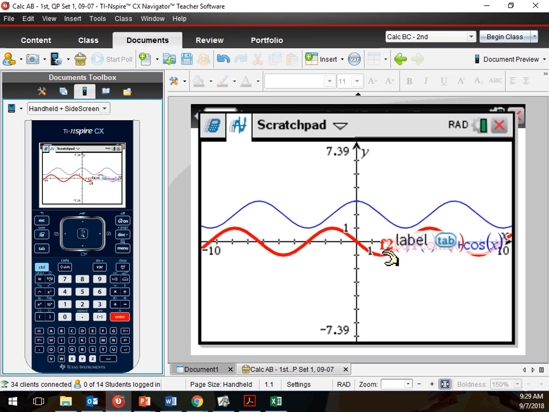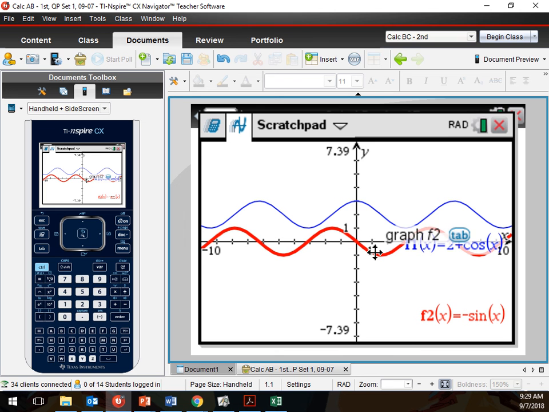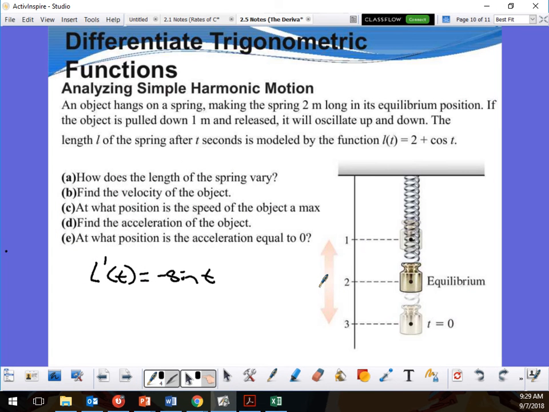Yeah, you're right. This one is going down, so this is negative, so it should be at its max at 2 right here. So you're right. Someone on top of things, I'm not. All right, so let's see.